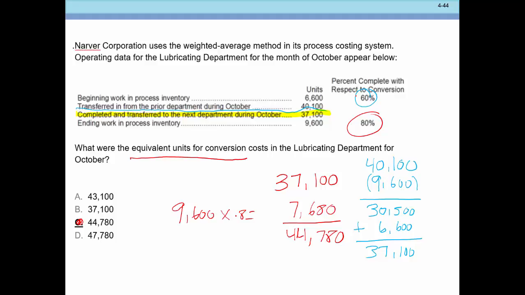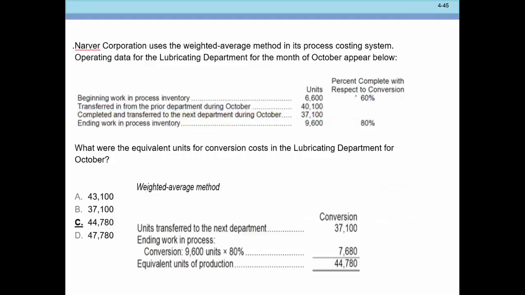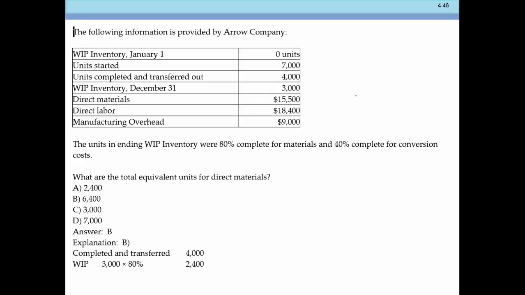Okay, good. So you come over and take a look at there's the answer. They give you the answer. I wrote it up for you, but that's the same thing we did in our calculation. Okay, let's take a look at this one. They ask, what is the equivalent unit for my direct materials? And they tell me that the materials are 80% done.